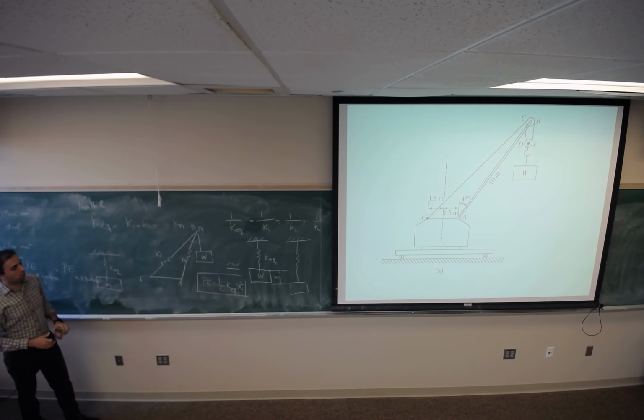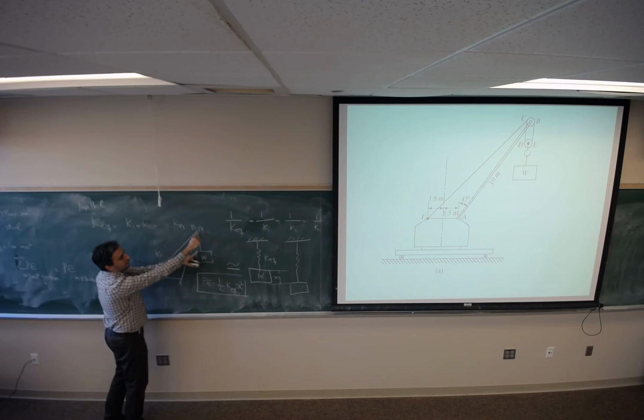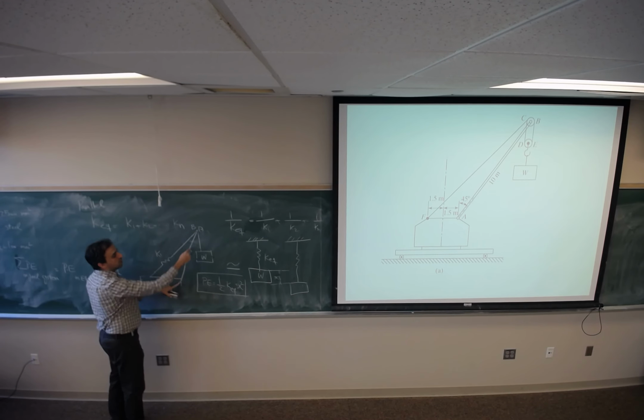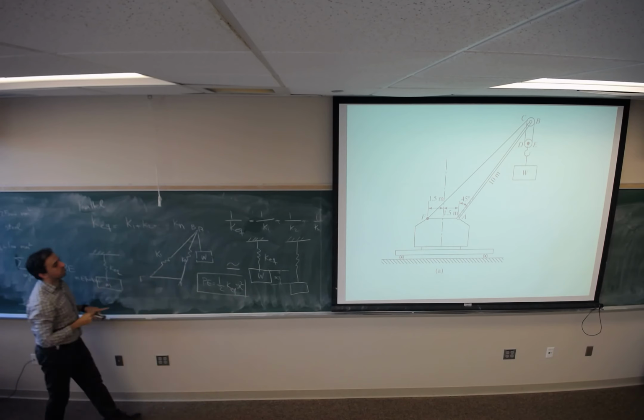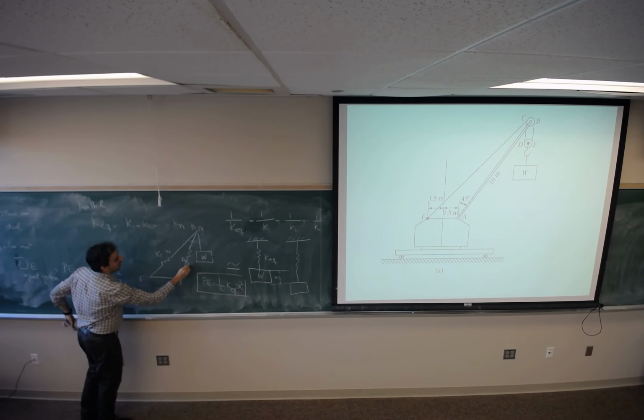So how can I find that? I should say if this mass or point B is moving by the magnitude of x, how much compression am I going to make in this spring or in this boom, and how much compression am I going to have in this one, so x1, x2.